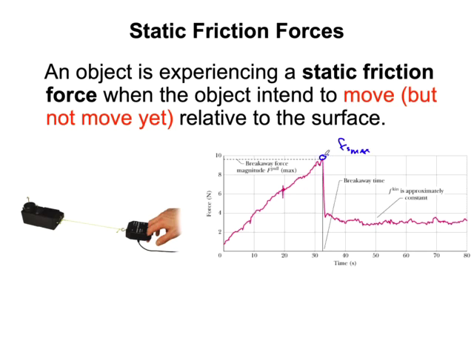And the moment you exceed that, suddenly you break away, and the force that you're dealing with right here is the force of kinetic friction. Notice it suddenly drops. This is while it's sliding down here. And this line right here is when it's stationary.